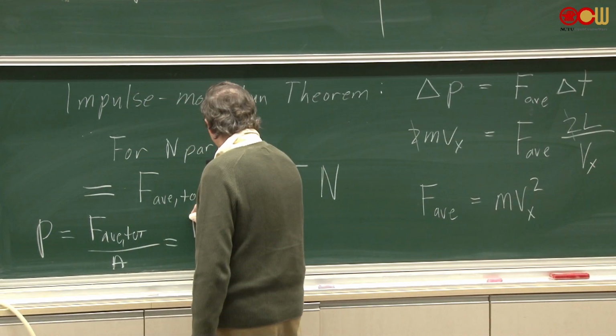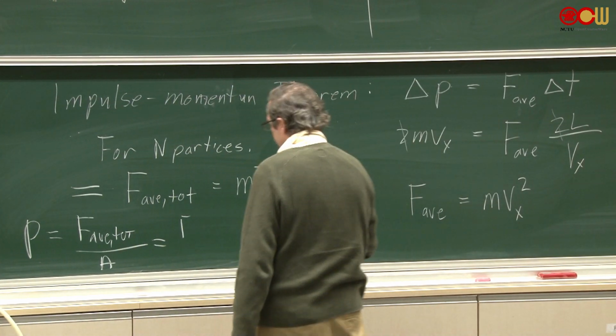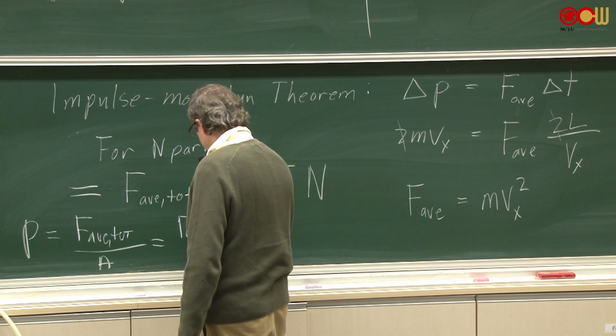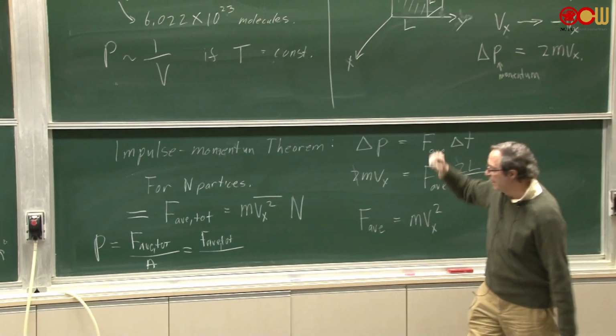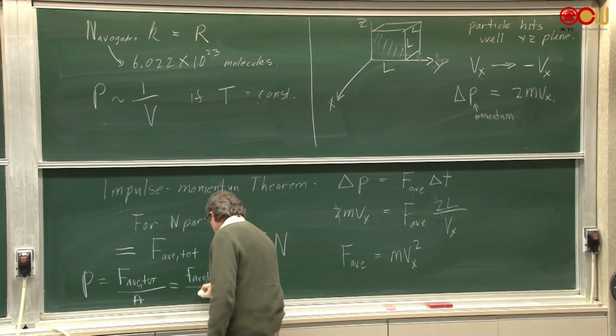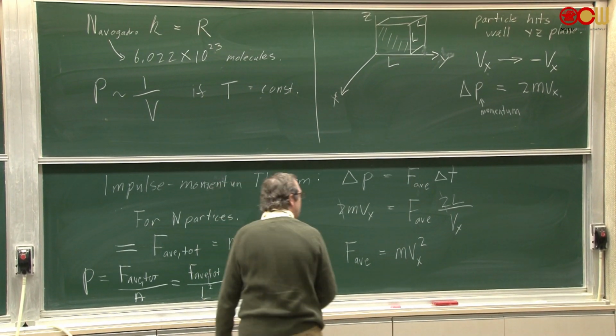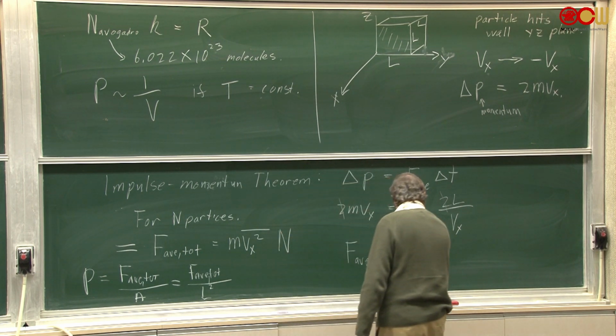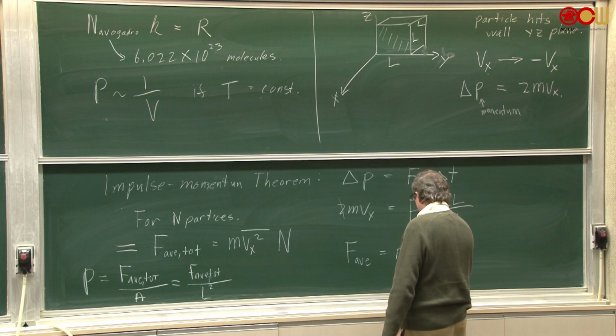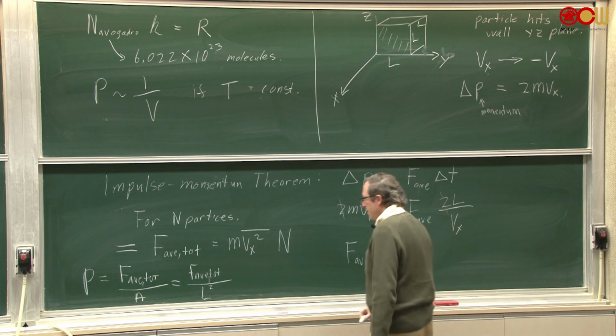What is the area of that side? L squared. Oh, I forgot something. There's an L somewhere. Where is it? Over here. Right?